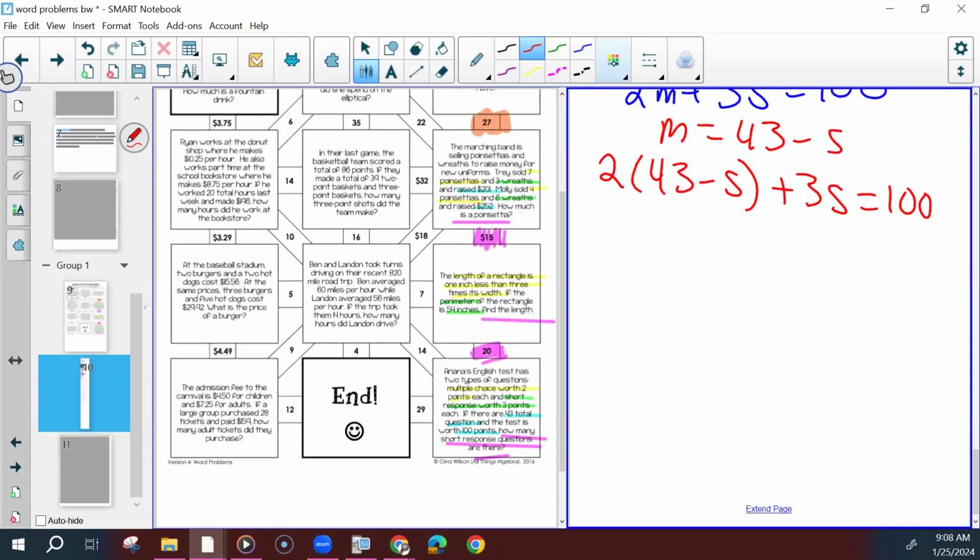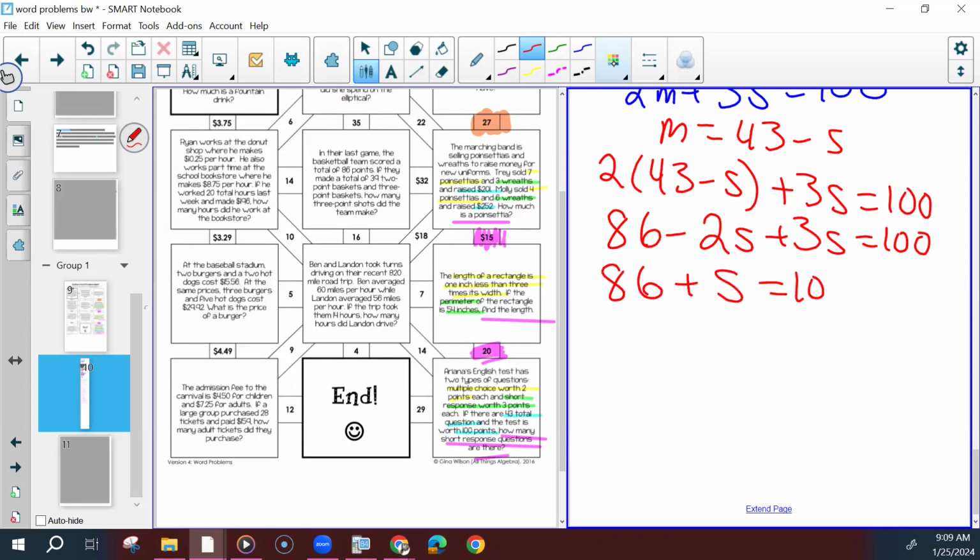So go ahead and put that in and distribute. Combine your like terms and solve for S. What is S?